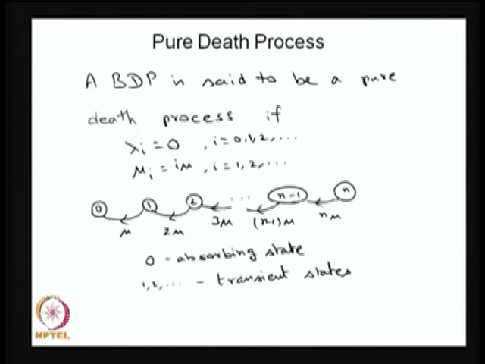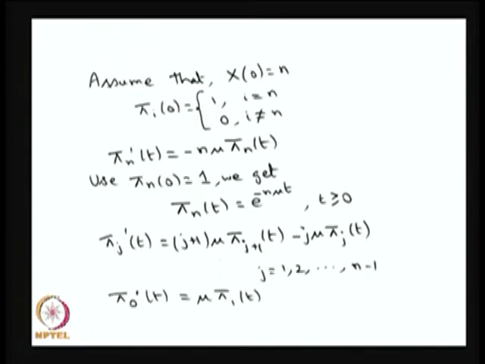Therefore, the system coming from the state n is n mu times the system being in the state n, minus n minus 1 times mu pi n minus 1 of t. So, we will have two terms on the right hand side, coming from the one forward state or not moving from the same state. So, we will have two terms for j equal to 1 to n minus 1.